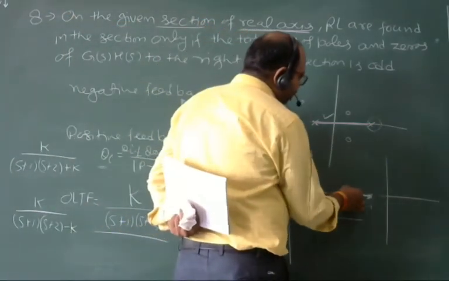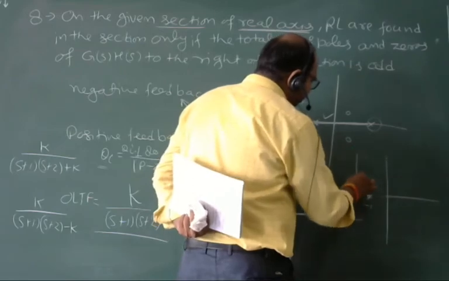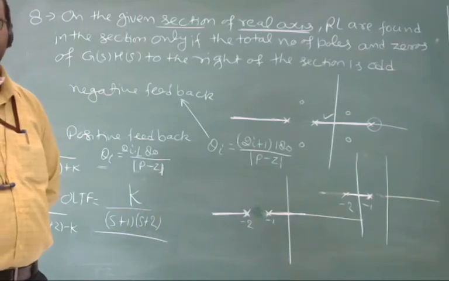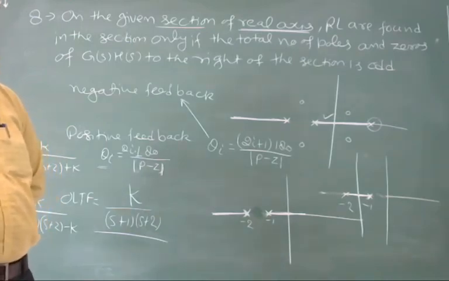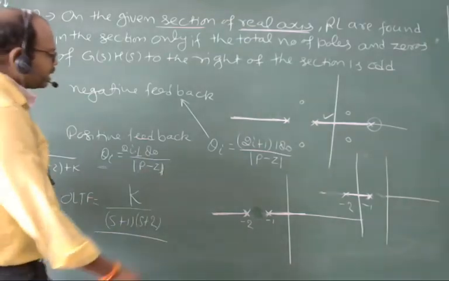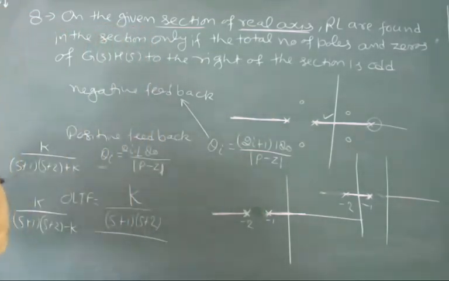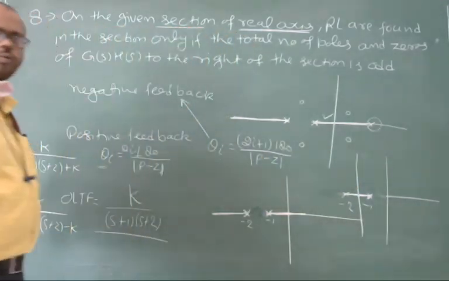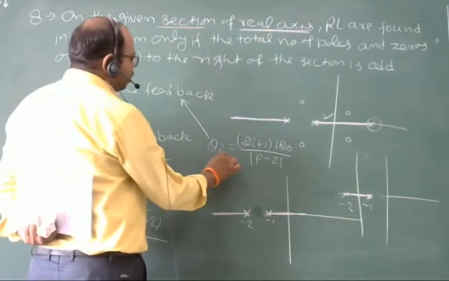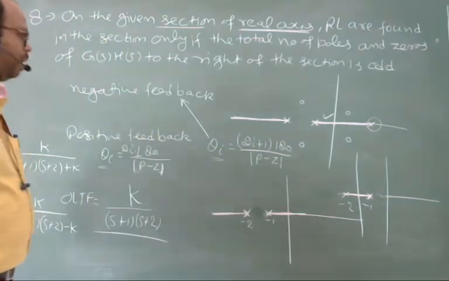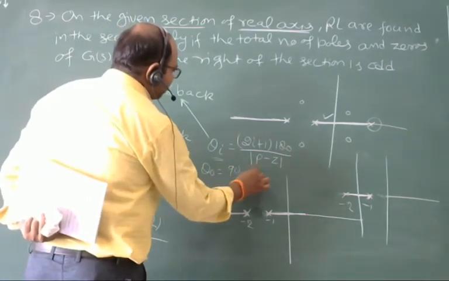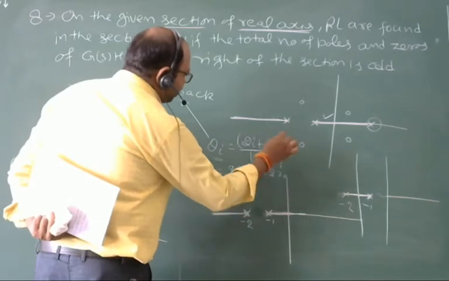One more thing. If the negative feedback is considered, we will find centroid and asymptotes. In this case also, we will find centroid and asymptotes. For this case, angle of asymptote will be calculated from this formula, and theta naught will be 90 degree and theta 1 will be 270 degree.